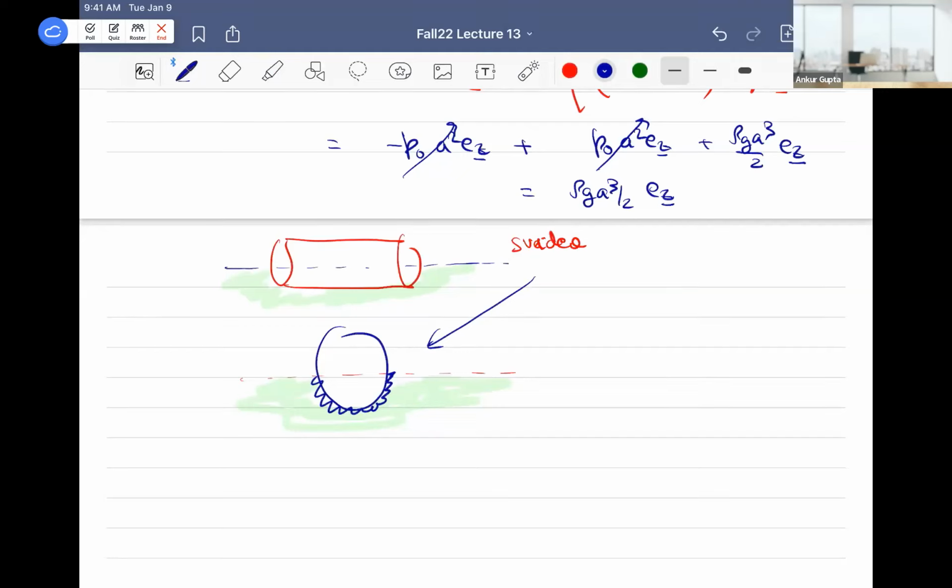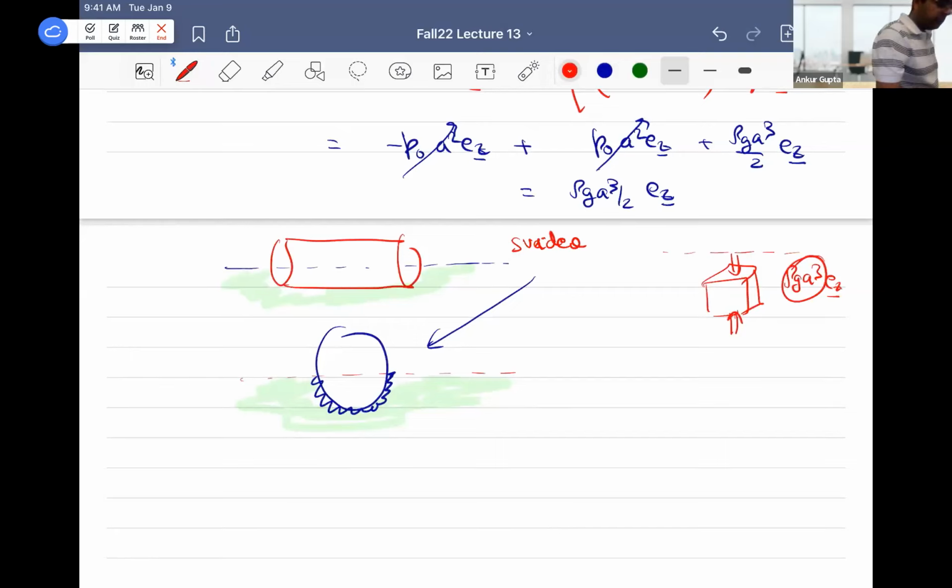No, right? The buoyancy force is still there. It's just balancing with gravity. Oh, okay. Yes, it will still be there, it just balances with gravity. So what Sophie is asking is what will happen if I have a block like this. You will still have pressure here, still have pressure here, and it will come out to be rho g a cubed e_z because the full block is submerged.